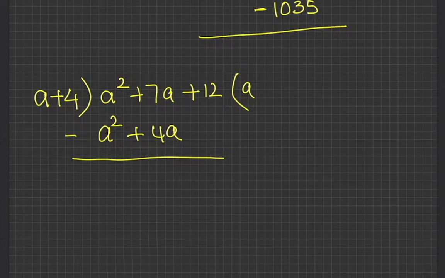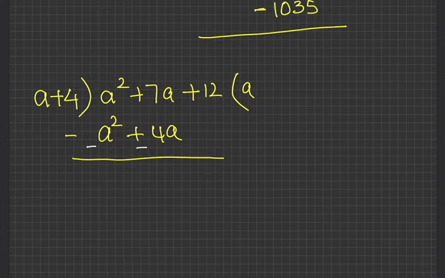Now try to listen to me so you get this. So I have a negative, since I'm subtracting two expressions, right? In subtraction, we change the sign of the subtrahend. So I have a squared minus a squared now, and 7a, that is plus 4, but it is plus 4a.